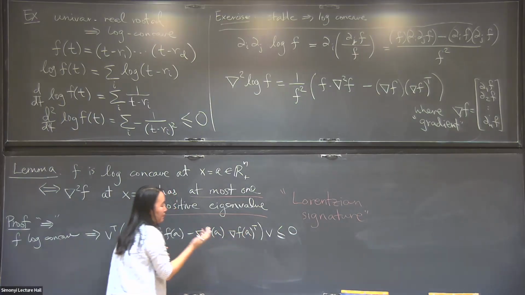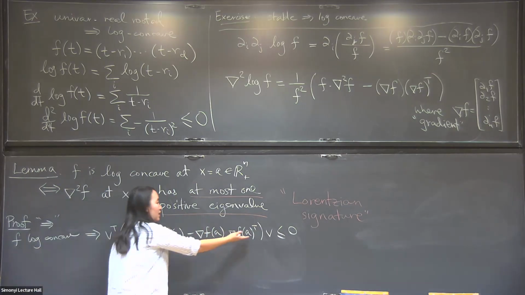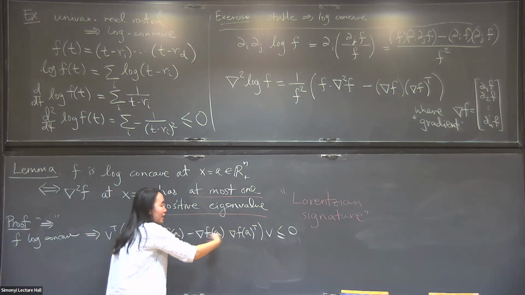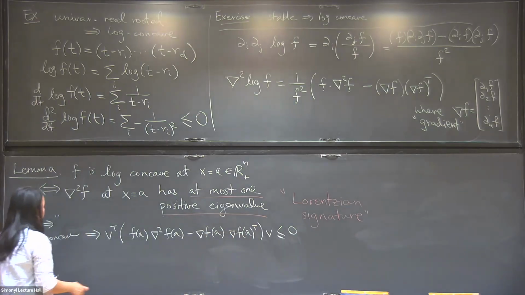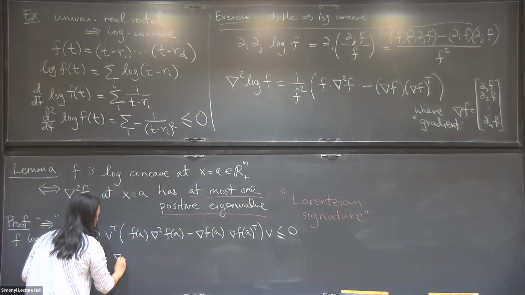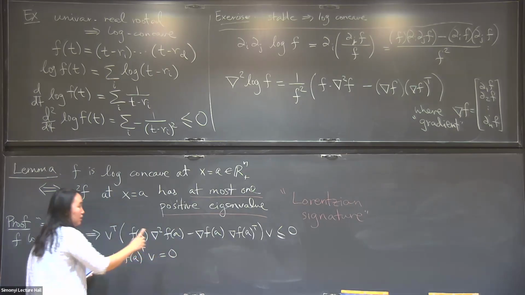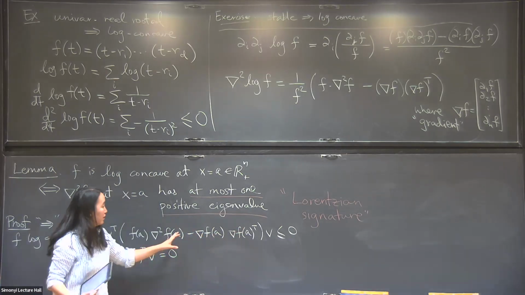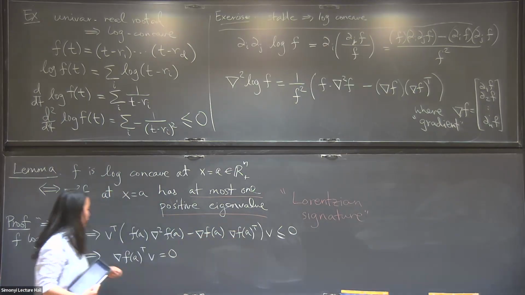And this one, if you look at the hyperplane perpendicular to this vector, so if you restrict to the hyperplane, adding this extra thing doesn't change anything. To be more precise, if you look at vectors perpendicular to the gradient, then the second thing doesn't change the quadratic form.